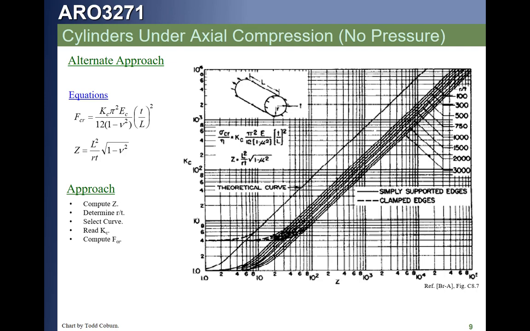But if we go outside of those values, if our R over T is smaller than 100 or greater than 2000, we can actually use this curve to try and estimate the best value it would be. Our approach for calculating R over T and then Z, selecting our curve, reading K sub C, and calculating F CR will be the same.